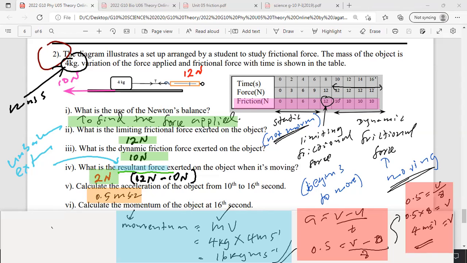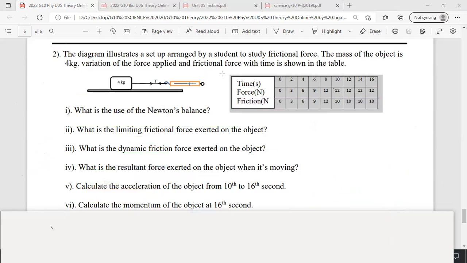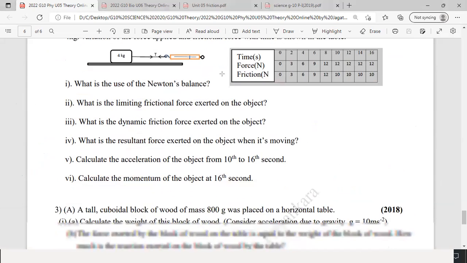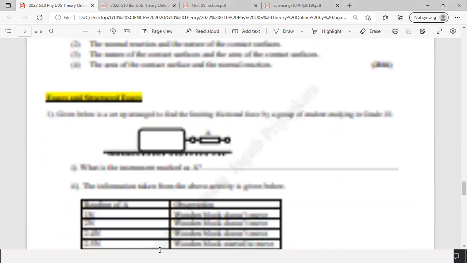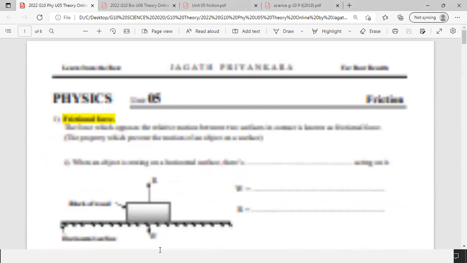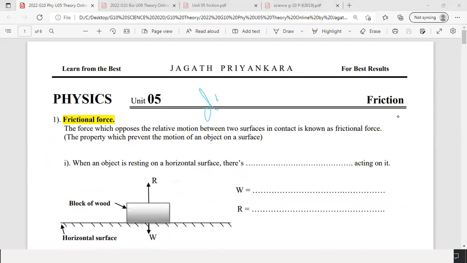Right. Then next one, I'll erase the screen. The rest we discussed now. That's all for this paper. So this unit 5 is done now. One more thing, I want you to try the textbook exercise also, because I don't think this is done.